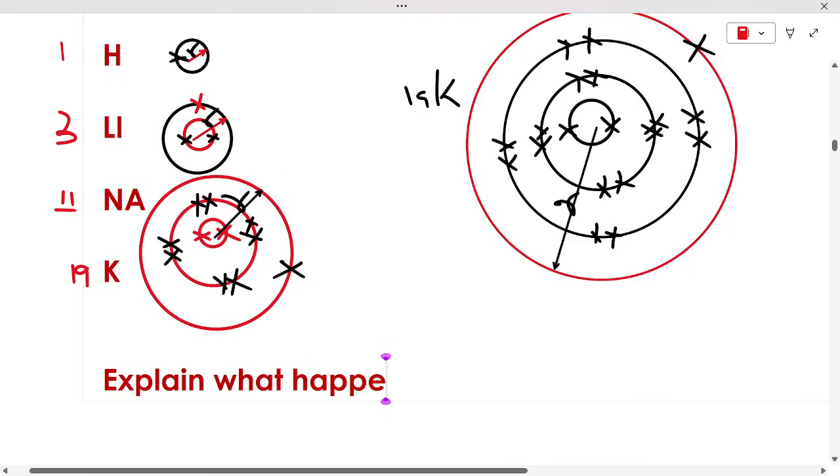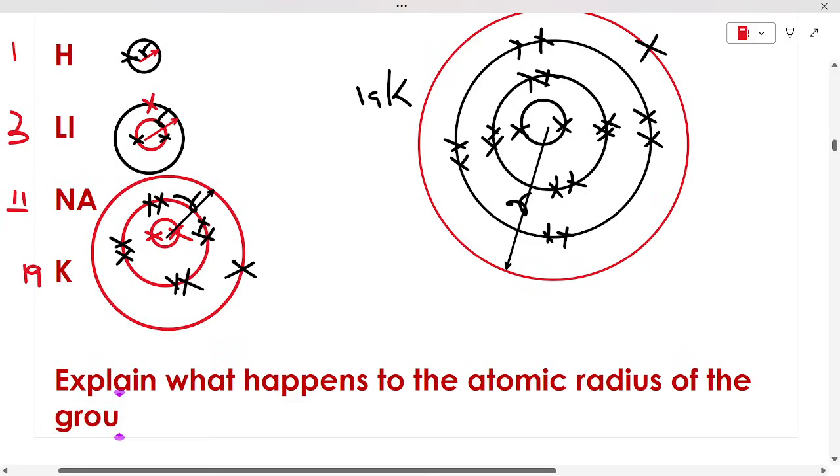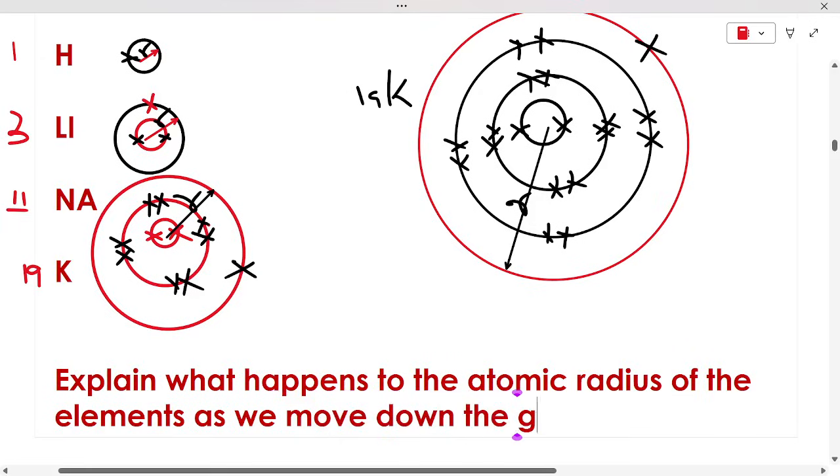What happens to the atomic radius of the elements as we move down the group, or group 1 of the periodic table.